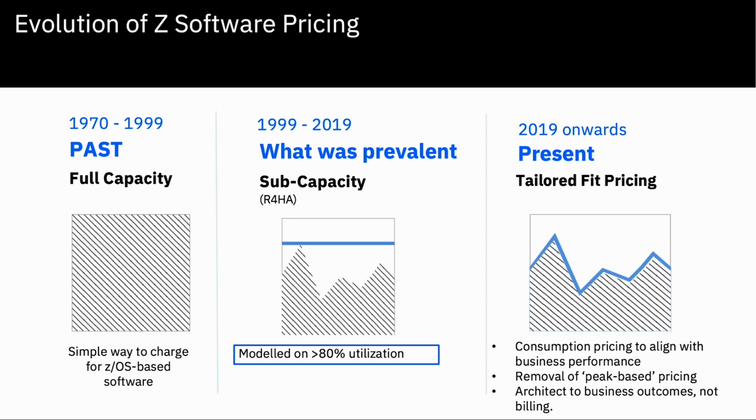But of course, it is no longer the case that white space emerges at predictable times. The world of IT is almost unrecognizable from 20 years ago, and our clients are now far more focused on the requirement to deliver processing in real time with instant responses based on what their business is actually demanding today.